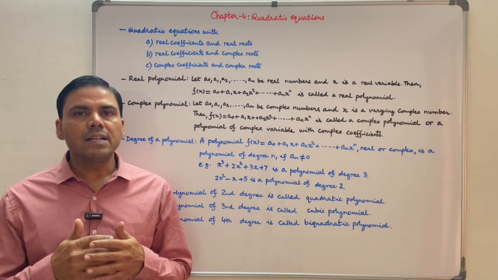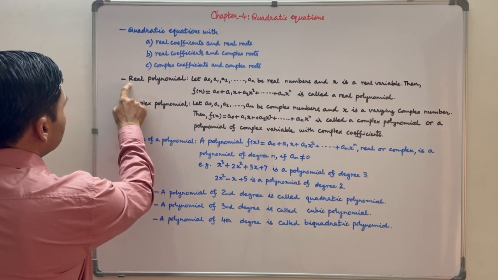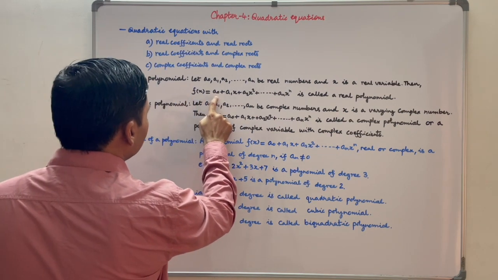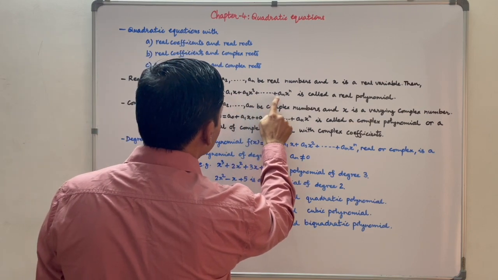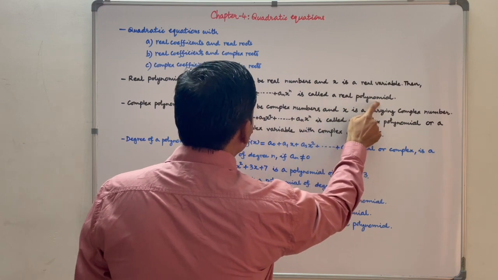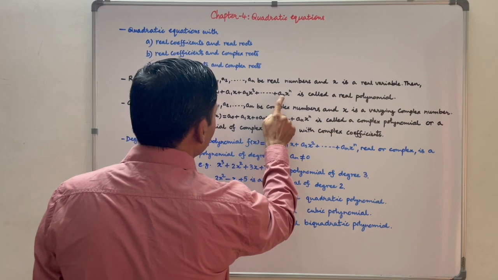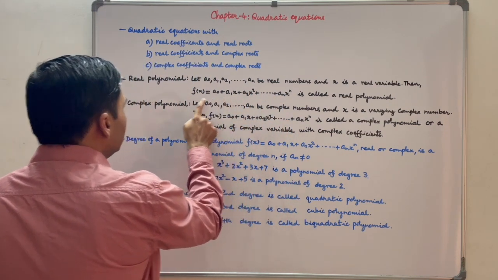Now let us understand real polynomial and complex polynomial. First one is real polynomial. A polynomial given by f(x) = a0 + a1x + a2x² + and so on up to anx^n is called a real polynomial if its coefficients a0, a1, a2 and so on up to an as well as variable x both are real numbers.